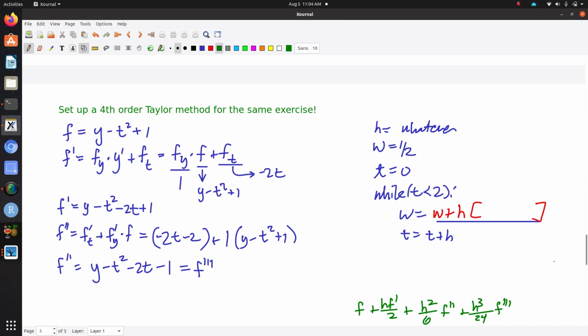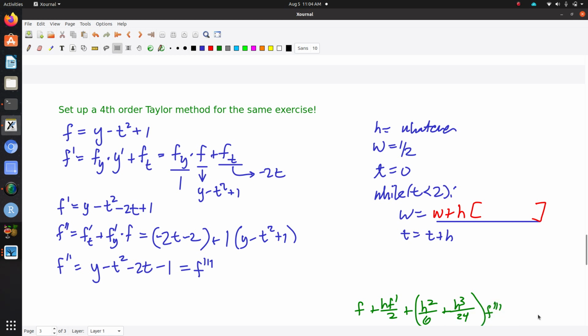But in our particular case, here's this crazy thing. F double prime and triple prime is the same thing. So I'm just going to make my life a little easier and combine these. So this is specific to this problem. This is not part of the technique, but we already know this about the problem. So we're going to take advantage of this. So we're going to group these together. And this is f triple prime, which is f double prime.